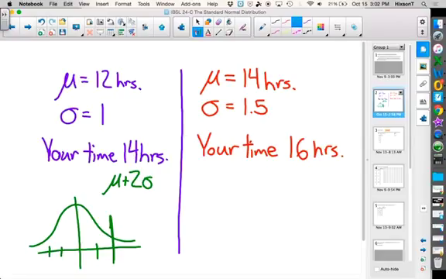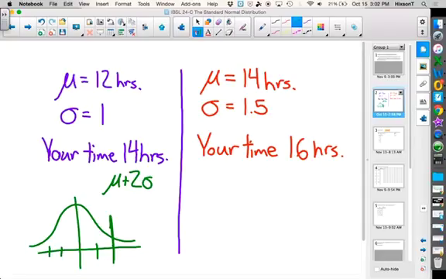So you performed at the slowest 2.5% of everyone who raced, which is still impressive, because if you could move for 14 hours straight, you're doing a lot better than I would. Just finishing these races is an accomplishment.